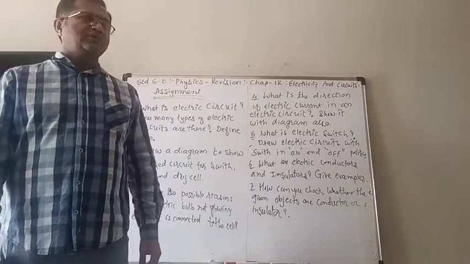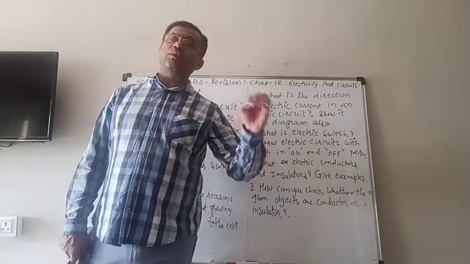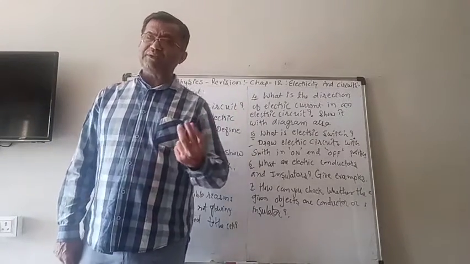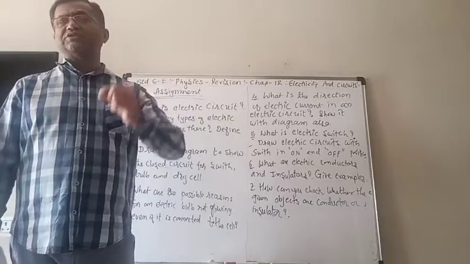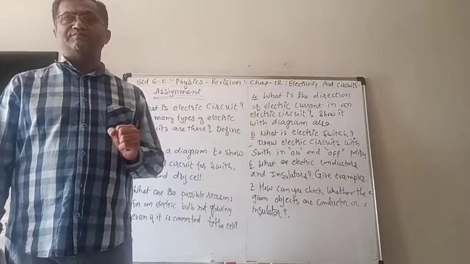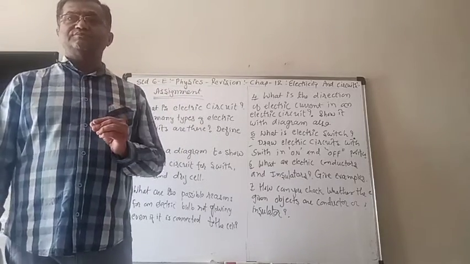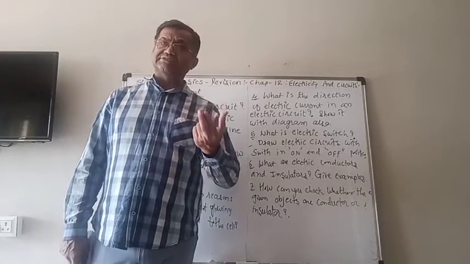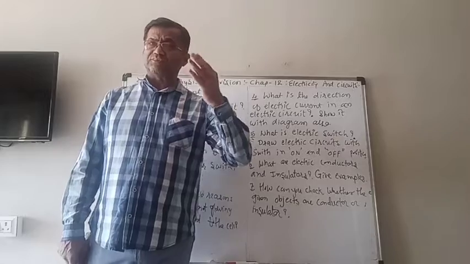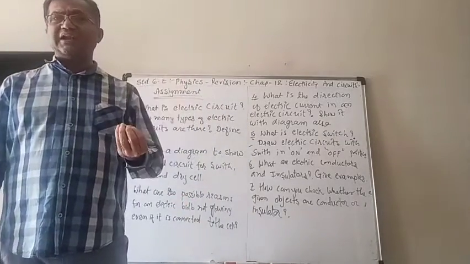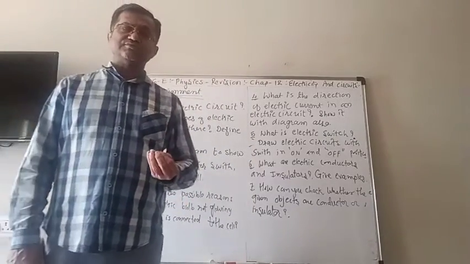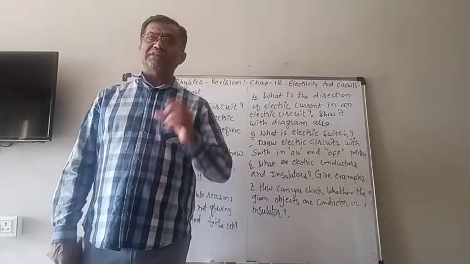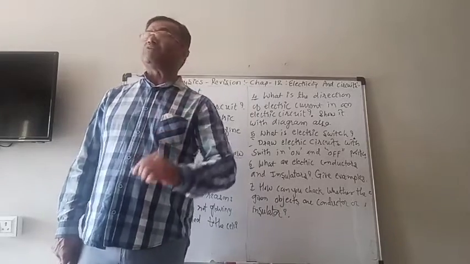The second type of circuit is the open circuit. Open circuit means between the positive terminal and negative terminal of the cell, somewhere there is a gap. Either the connection of the bulb, the switch, or the cell, one of the ends is loose, or a wire is broken, then there will be a gap somewhere.